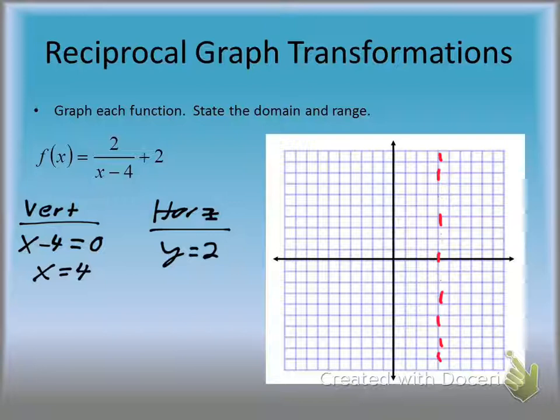I'll do my best without going to the straight line generator. There we go, that's not bad. And then go to y equals 2 and do the same. Okay, so there's the two asymptotes. So our graphs are going to approach these two asymptote lines.